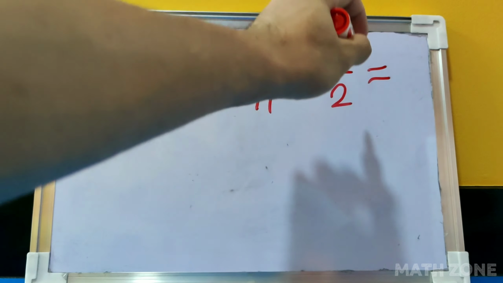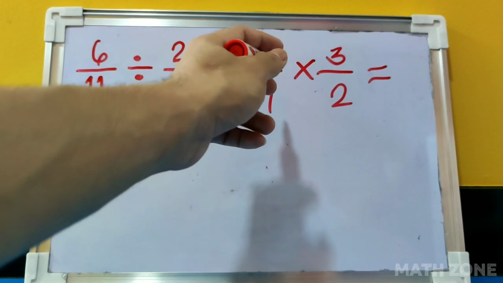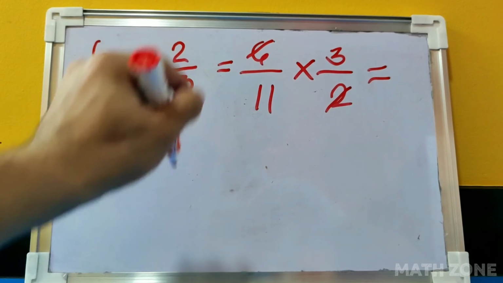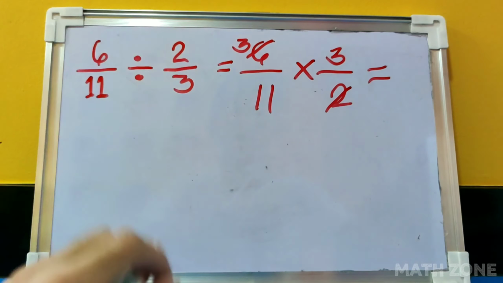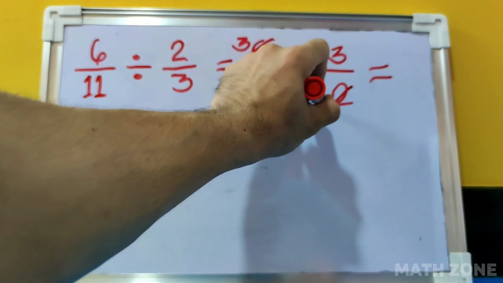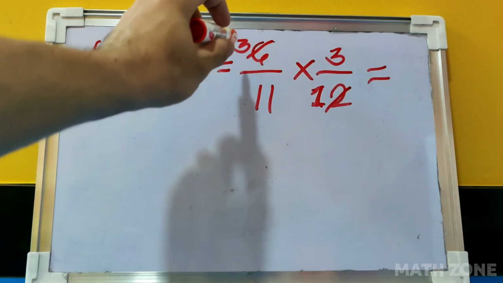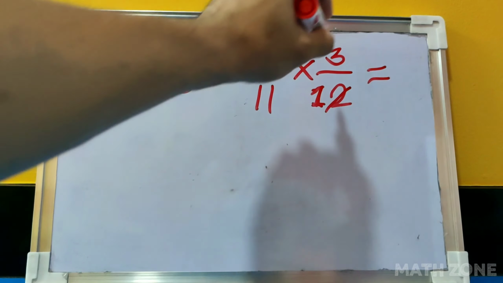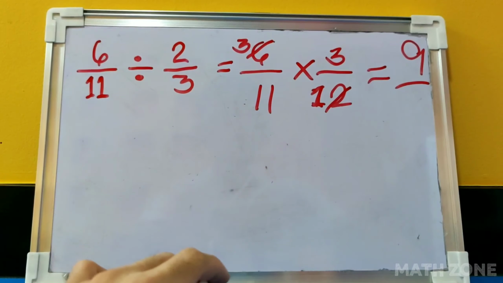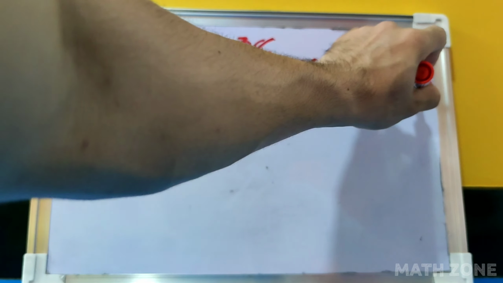But for 6 and 2, we can divide both by 2. So 6 divided by 2 is 3, and 2 divided by 2 is 1. Now 3 times 3 is 9, and 11 times 1 is 11.